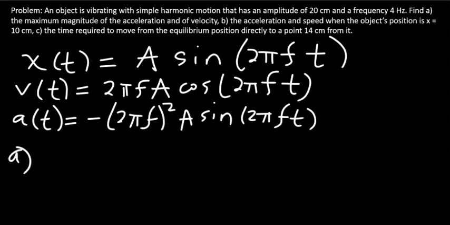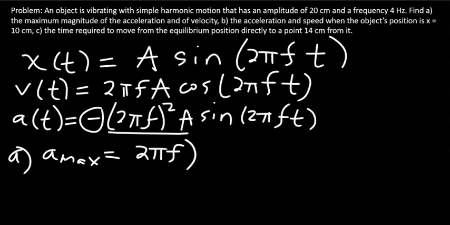The maximum value of acceleration and velocity can be obtained simply from the constants multiplying the cosine and sine. So the maximum value for the acceleration is given by that value, omitting the negative sign because we're interested in magnitude. So it's (2 pi f) squared A.